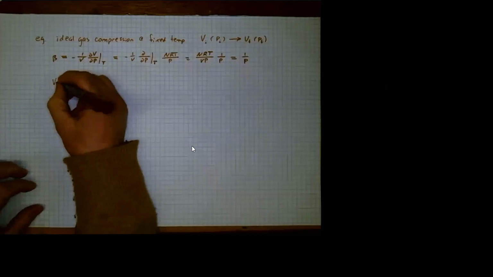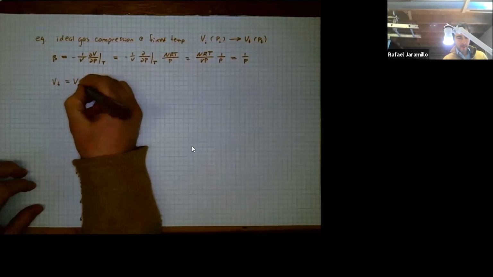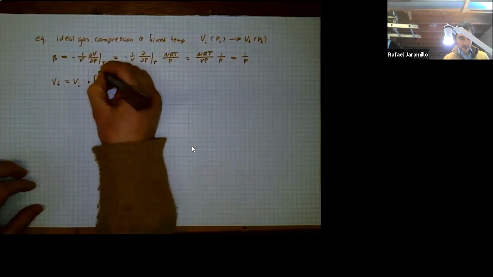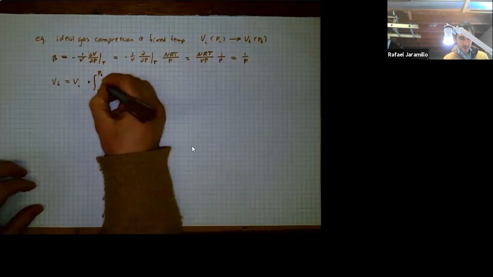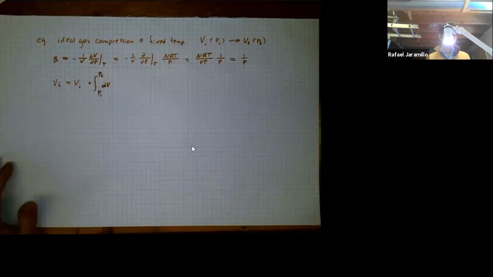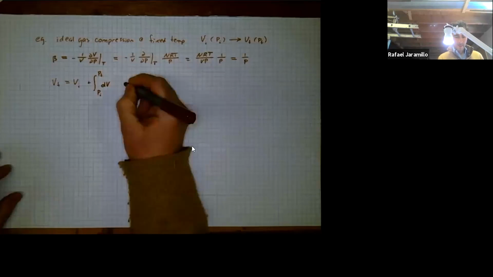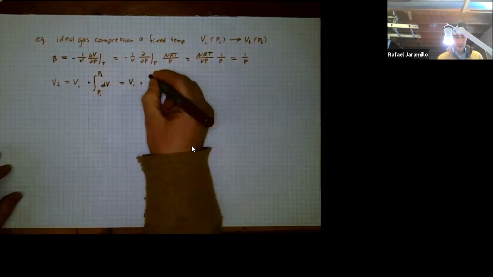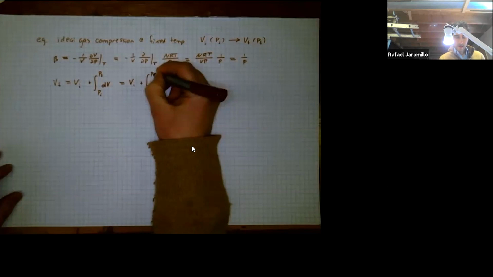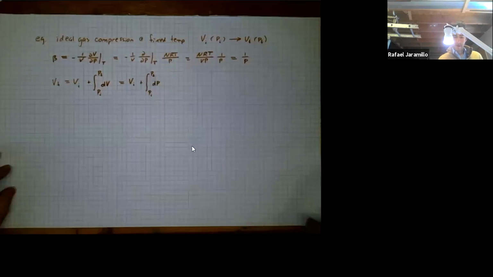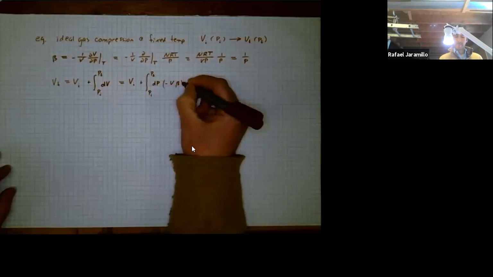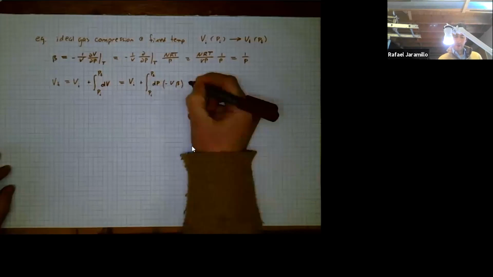So the final volume after compression is going to be the initial volume plus the change. So that's like the second fundamental theorem of calculus. So we're going to plug in. What's the integrand? It's minus V beta. And you continue to plug in.